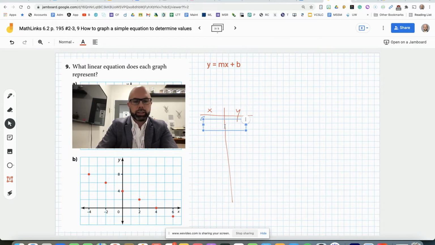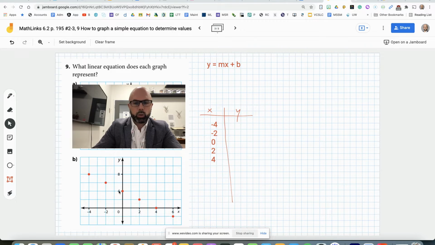In the x side of things, we've got -4, and if you're not tracking me, -4 right here. -2 is the next one, 0, +2, and +4. Okay, so those are the x values.